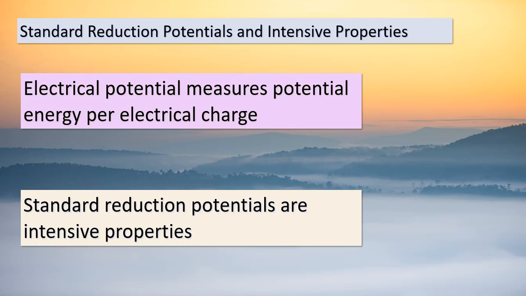For instance, think about the reduction of zinc ions. Whether it's 10 moles of Zn2+ or just 1 mole, the standard reduction potential, denoted as E°, remains the same. This consistency showcases the intensive nature of standard reduction potentials. Now, let's proceed to uncover more about the intriguing world of chemical reactions and energy transformations.